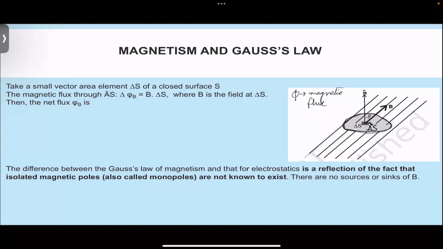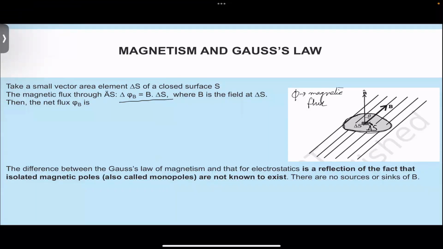The flux through the small area element del S can be given as del phi B equals B dot del S, where B is the field and del S is the small area element.